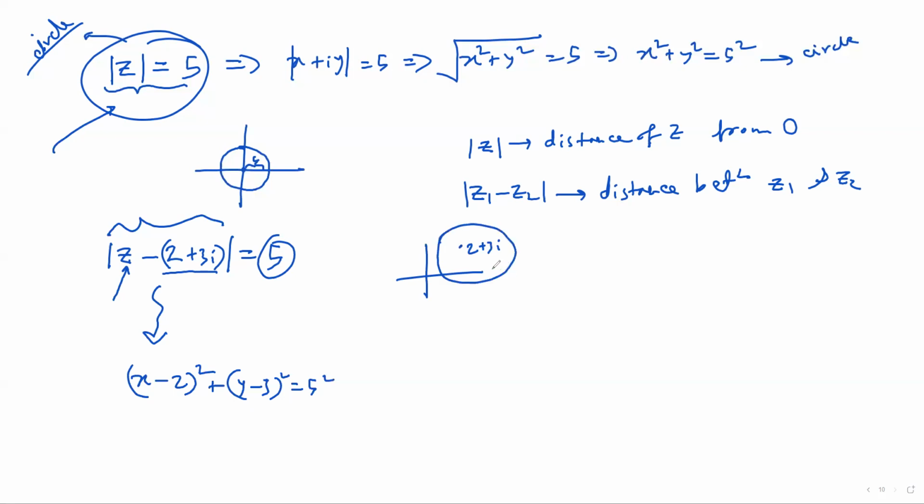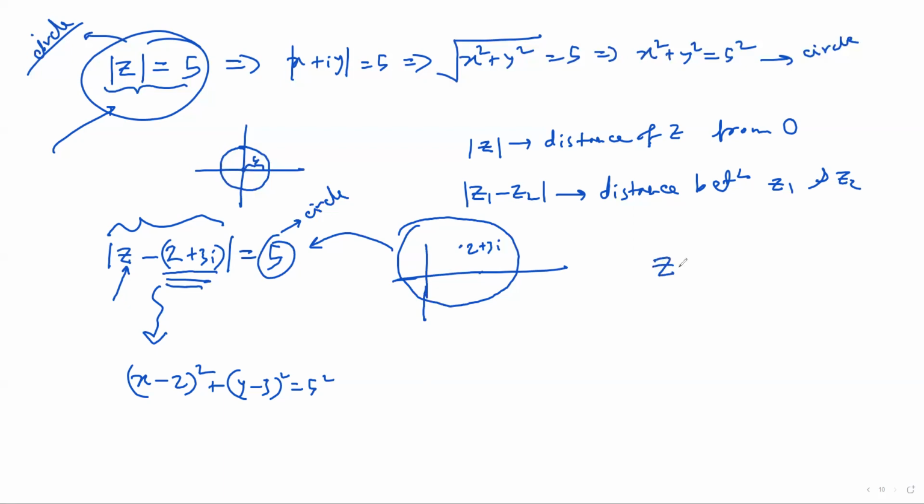Since we have 5 as the radius, it should cross the origin, right? So this circle is represented by this equation. So this is also a circle with center at this particular complex number. Basically, modulus of z minus z naught equals c is a circle with center at z naught and radius equal to c.